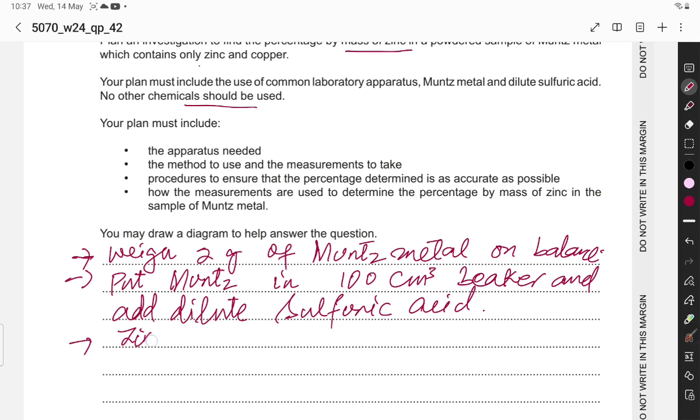Zinc reacts while copper does not react.